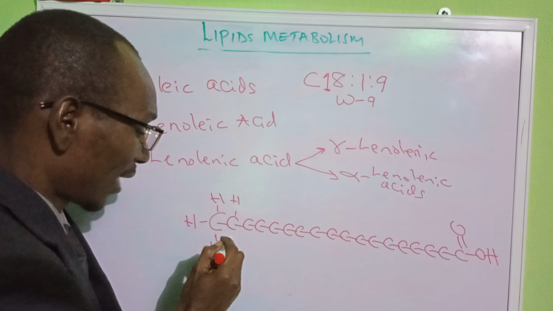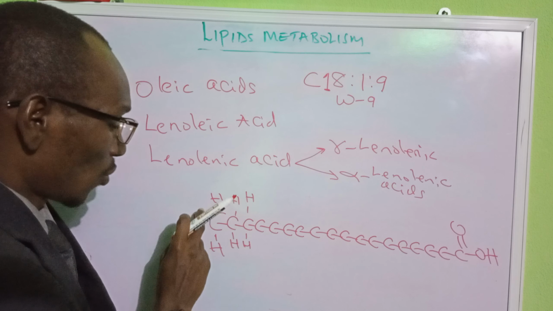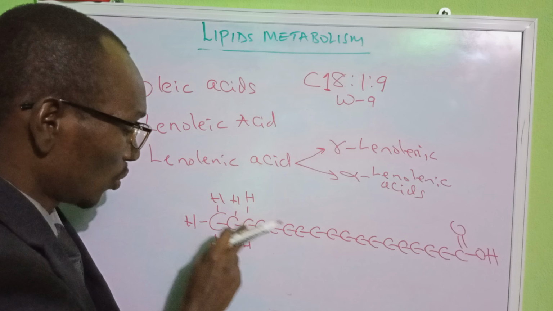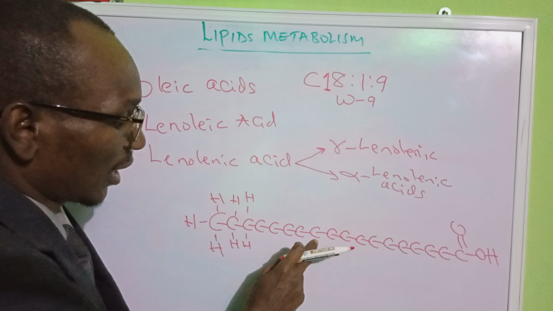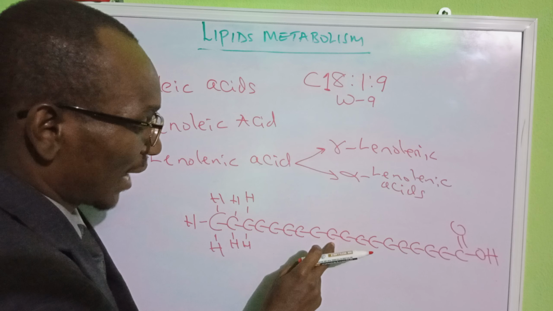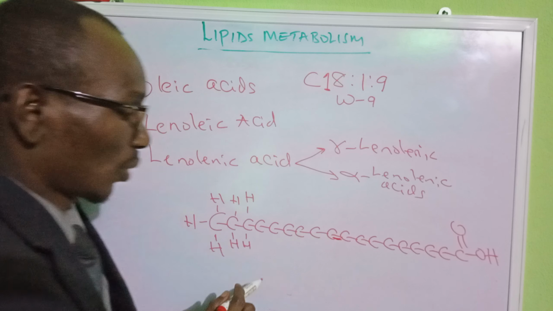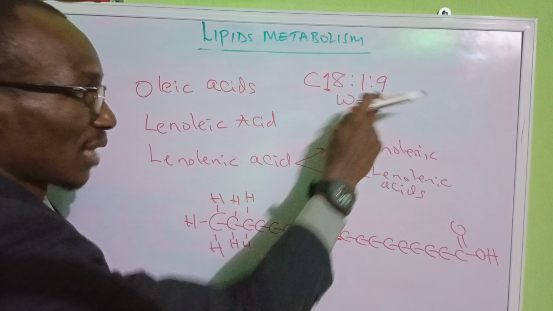All of them are carrying hydrogen atoms. So now, 1, 2, 3, 4, 1, 2, 3, 4, 5, 6, 7, 8, 9. So the double bond landed at this position. That is the position of the double bond, which is this 9.